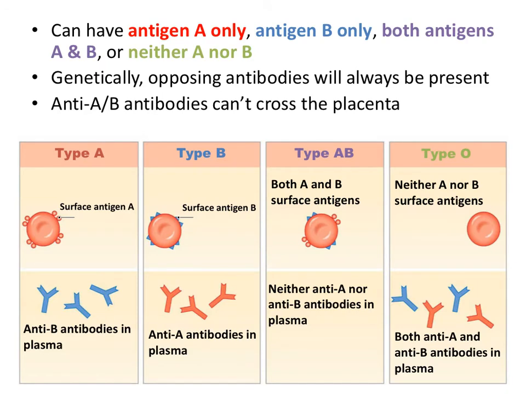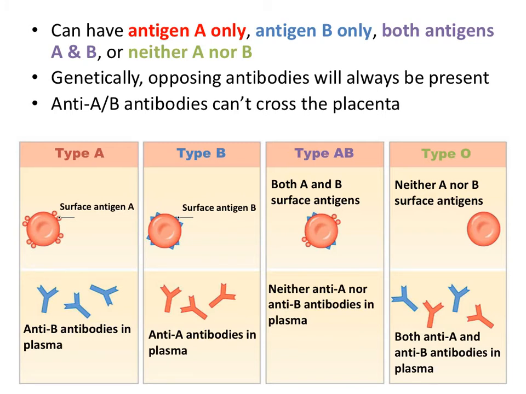All right, so with the ABO group, we can have cells with antigen A only, cells with antigen B only, cells with both, because this is a genetic thing called codominance, where if both the A and the B allele are present, they will both be expressed. Or if neither the A nor the B allele are present, we call that type O, kind of like 0, but we'll call it O, the letter, because neither antigen A nor antigen B will exist.